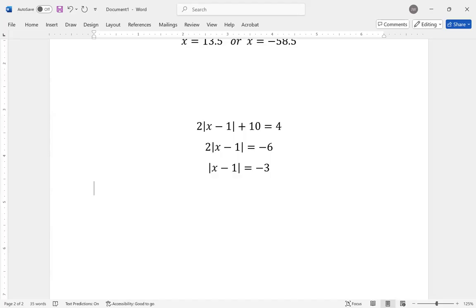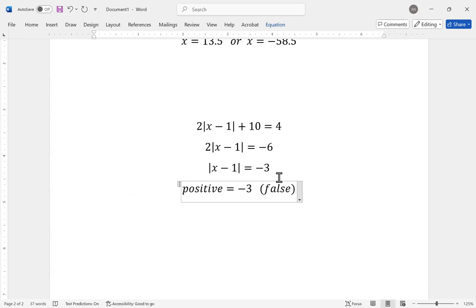I don't have to separate in this case because notice that the number on the right-hand side of the equation is a negative. In other words, we're getting something that is telling us that there's a positive number which is equal to negative 3. That obviously is always false. I should say non-negative rather than positive.